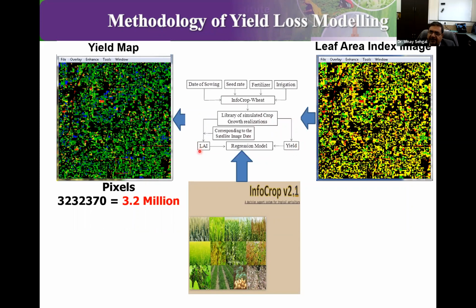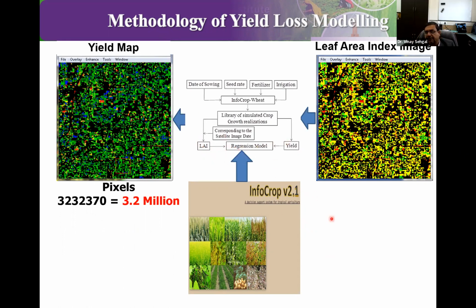So for that date, for LAI and its relation to yield, we generate a biometric model, a simple regression model between simulated LAI, like 88 days after sowing, where the model is simulating some LAI and the corresponding yield. So the relation between them is developed as a regression model.